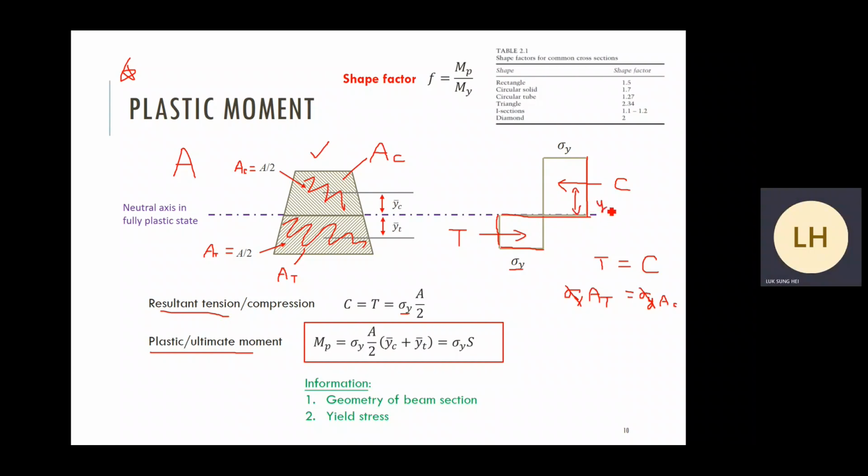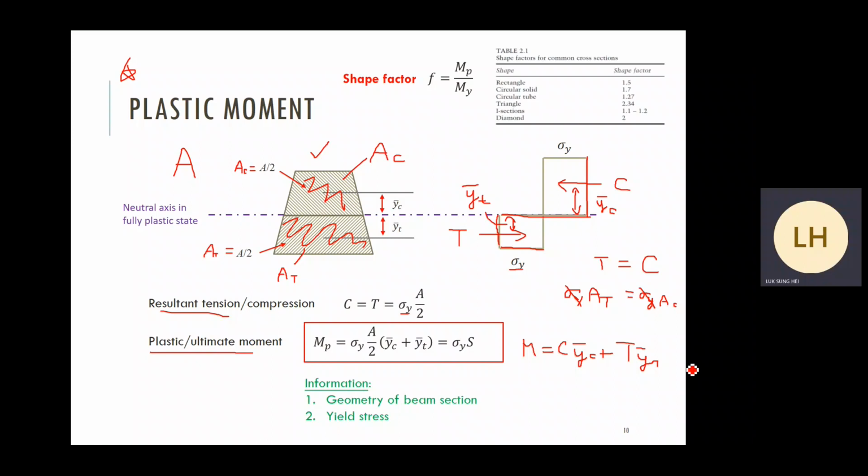Here I use another symbol, Y bar C, for the moment arm for our compression force, Y bar T to represent the moment arm for our tension force. Okay, so what is the total moment? The total moment is equal to compression force times our compression moment arm plus the tension force times our moment arm on the tension side.